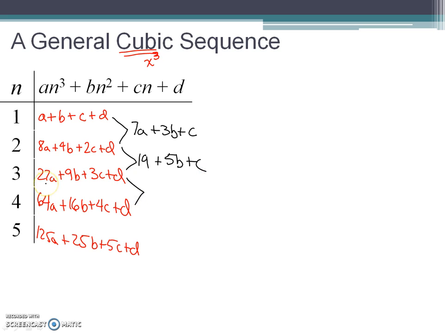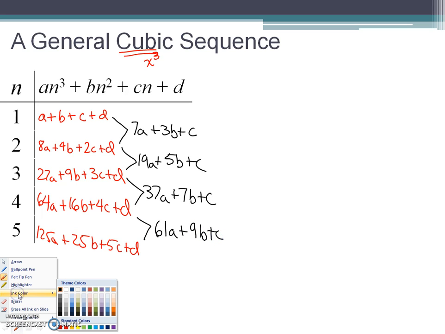Then we've got 37a, 7b plus c, and 125 minus 64 is 61a plus 9b plus c. So that's the first set of differences. They are not common, so we'll have to keep digging to see what happens.